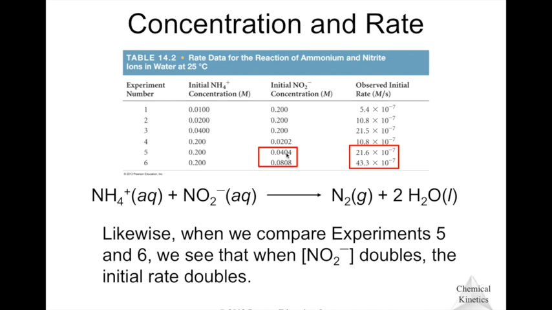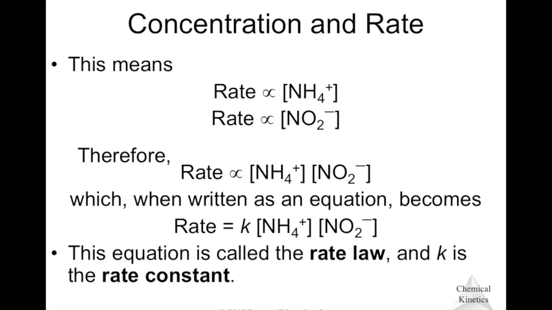So if we look at these, we see that when the concentration of NO2- doubles, again, the initial rate doubles. So this means that the rate is proportional to the concentration of NH4+. It's also proportional to the concentration of NO2-. So overall, the rate is proportional to the two of those multiplied by each other.